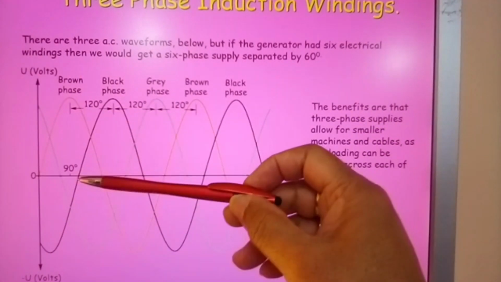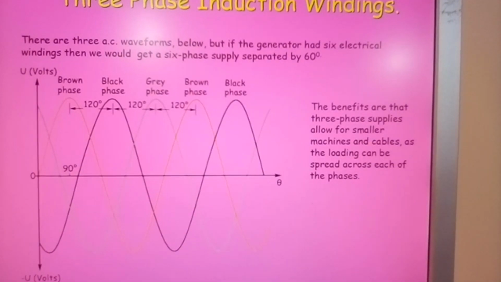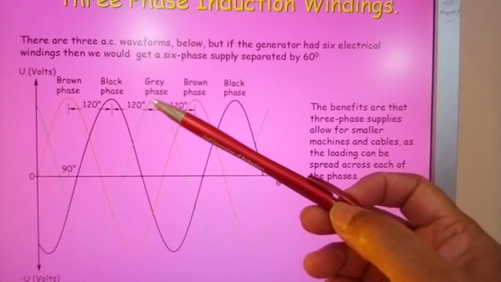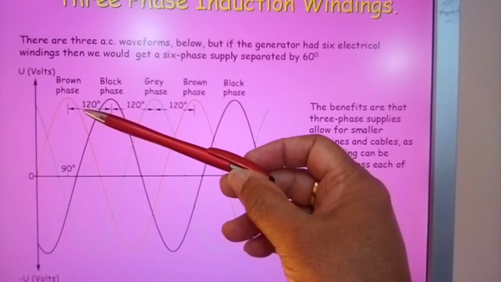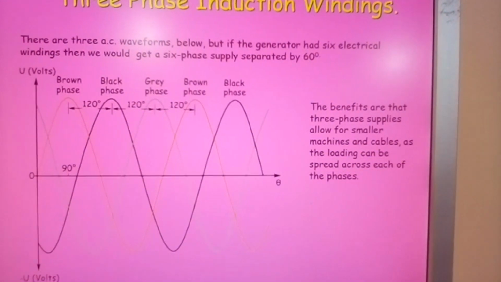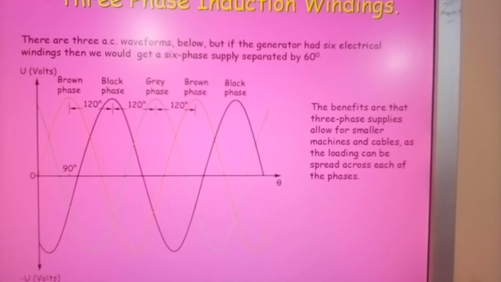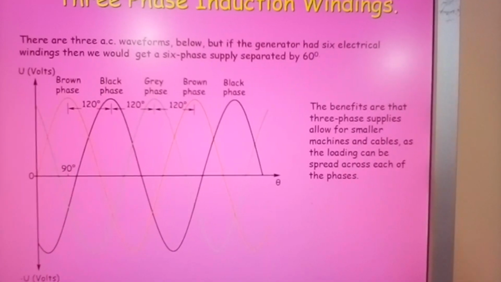So each of these will be 60 degrees out of phase with each other. Okay, but as we only use 3 coils, then it is only 120 degrees out of phase with each coil in respective turn.